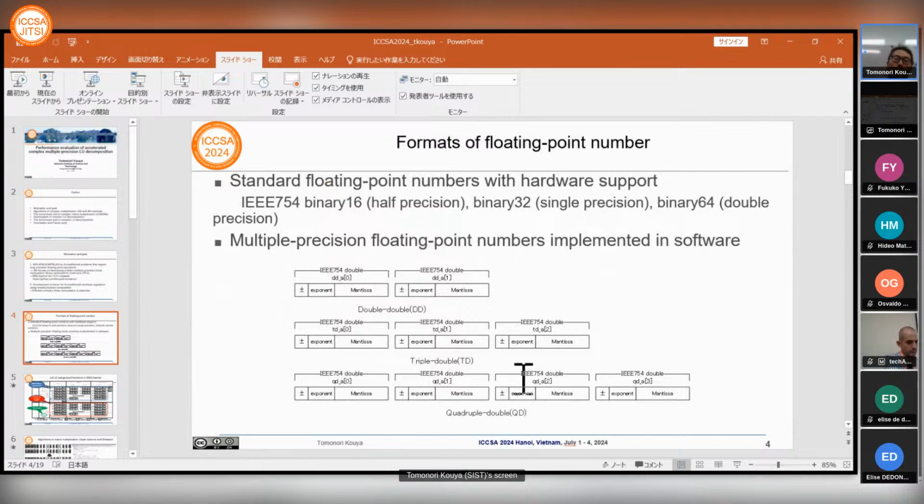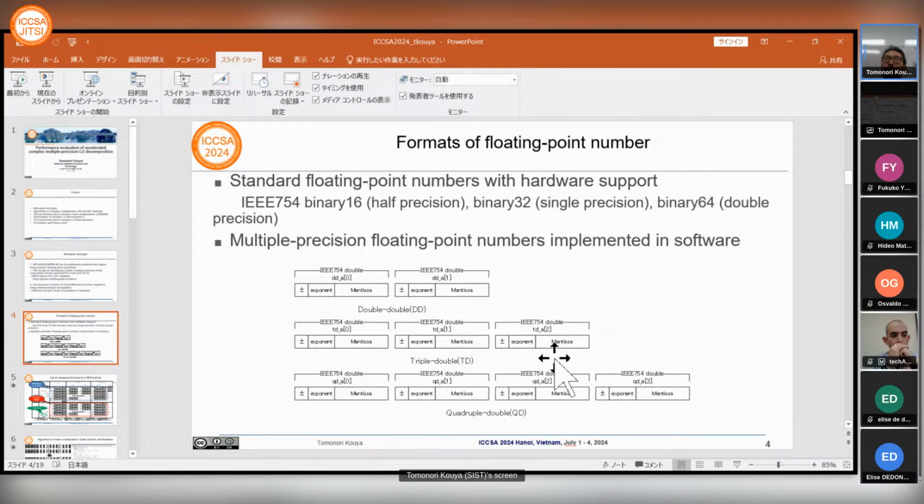These are the formats of floating point numbers we are targeting. Of course, standard floating point numbers with hardware support are very important, especially IEEE binary64 double precision arithmetic, to get better performance of multiple precision floating point numbers, such as double-double precision, triple-double precision, and quadruple-double precision multiple precision arithmetic.